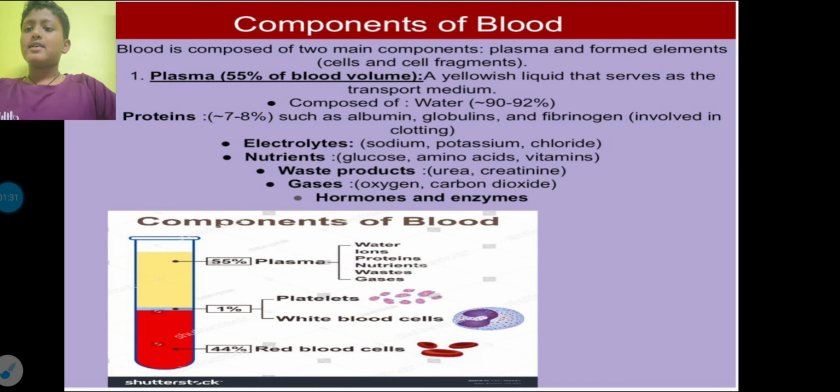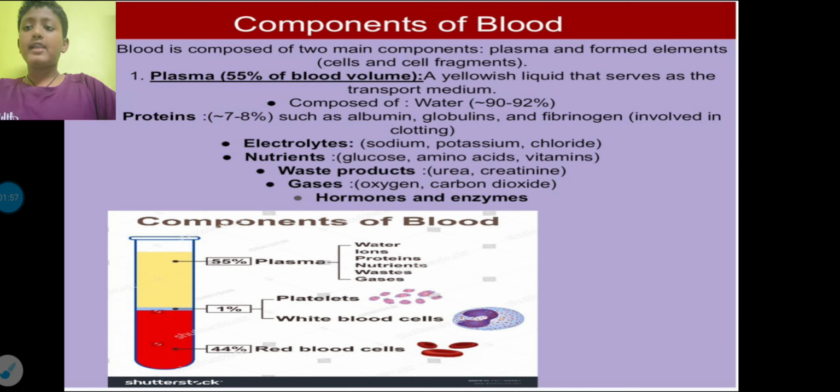And plasma is a yellowish liquid that serves as the transport medium and it is composed of 90 to 92% of water. If we separate plasma and consider it as 100%, 90 to 92% of it is composed of water and the remaining 7 to 8% are proteins.